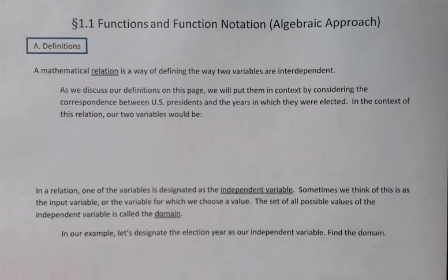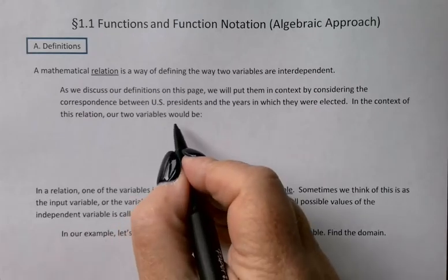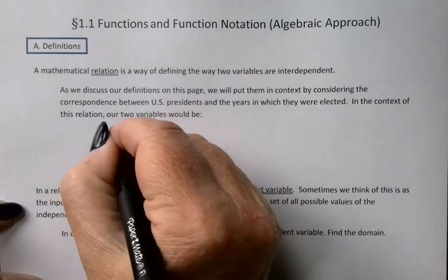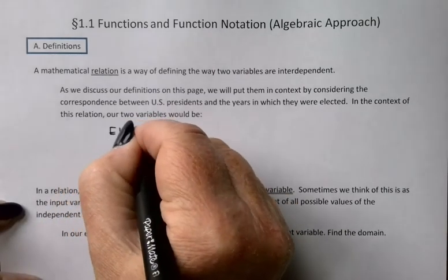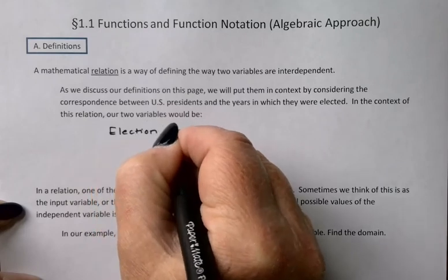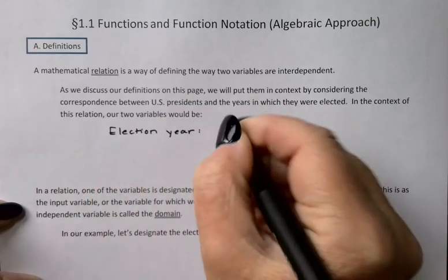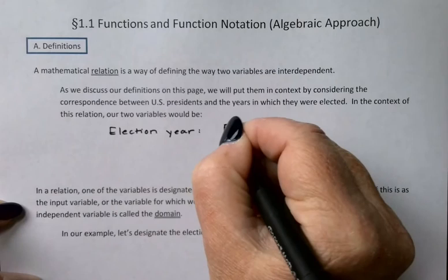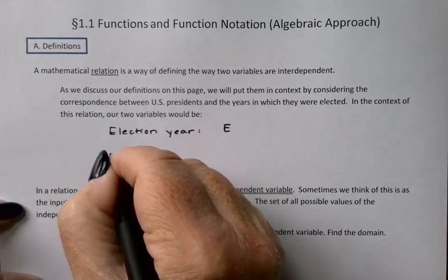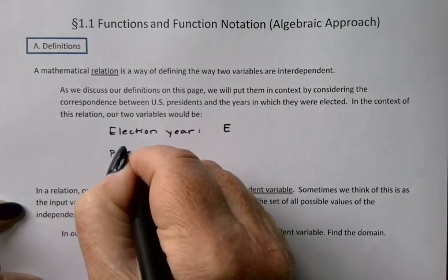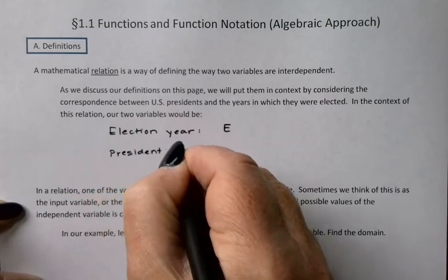So in the context of our definition, our two variables would be the election year, maybe I'll call that E for election year, and the president that was elected.